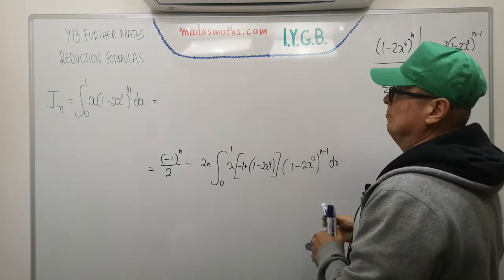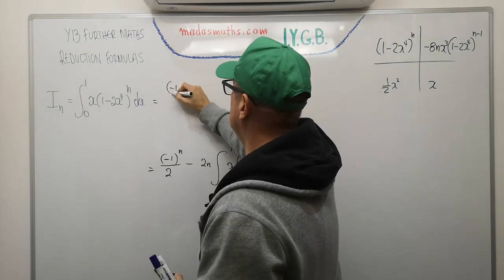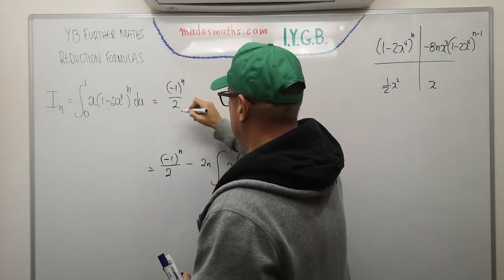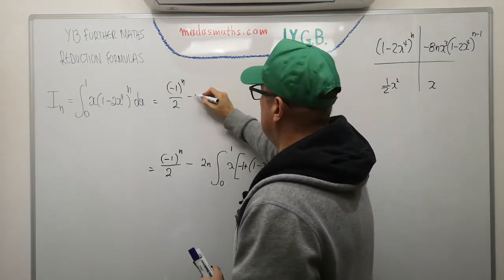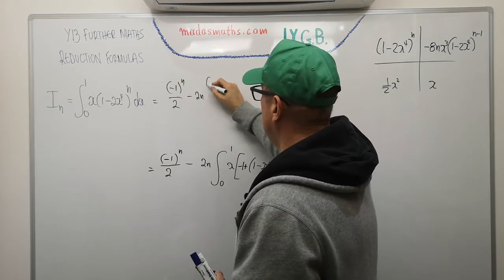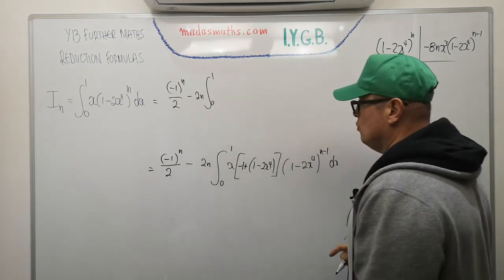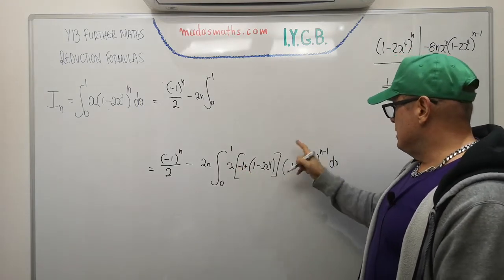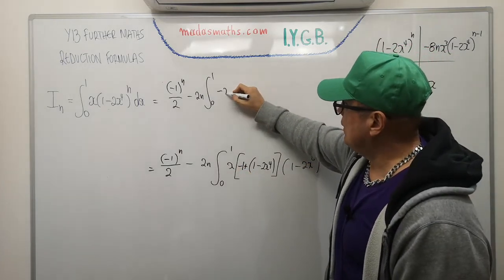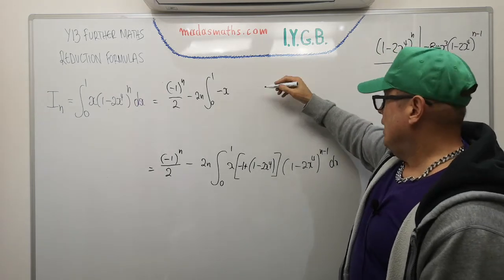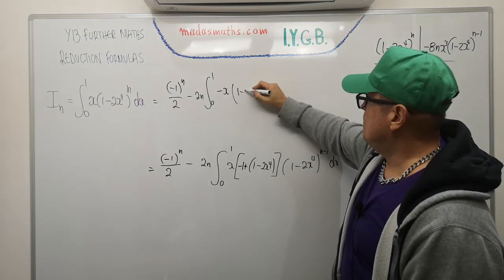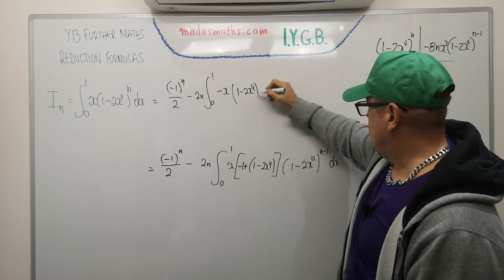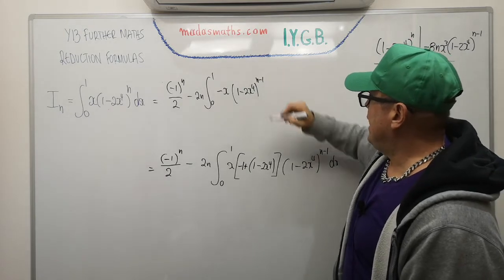So this is my -1 to the power of n over 2, just copied, -2n outside the integral. The integral, of course, is 0 to 1. And now we're going to have x times -1 times this bracket here. So it's going to be a minus x bracket 1 minus 2x to the power of 4 to the power of n minus 1.